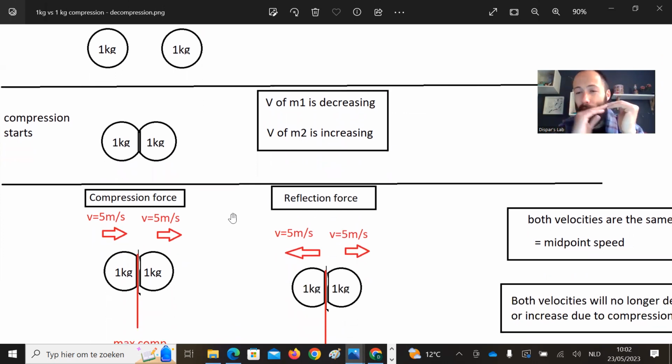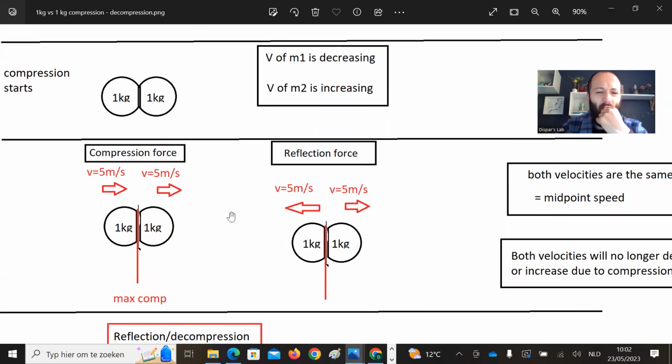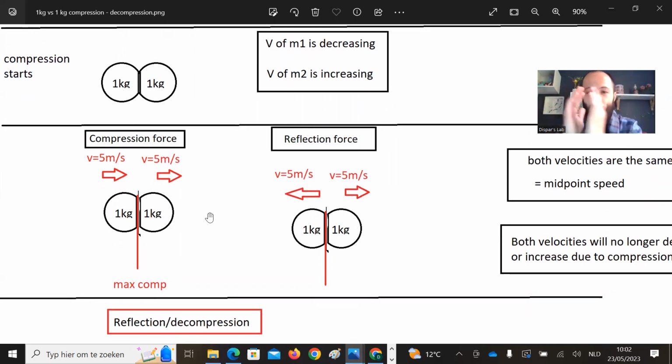This is at the maximum compression phase, but only for a very short moment, because very soon they will bounce. The second mass will bounce off, and the same with mass one, they will reflect. And they will reflect with the same force. So the compression force and the reflection force are equal.